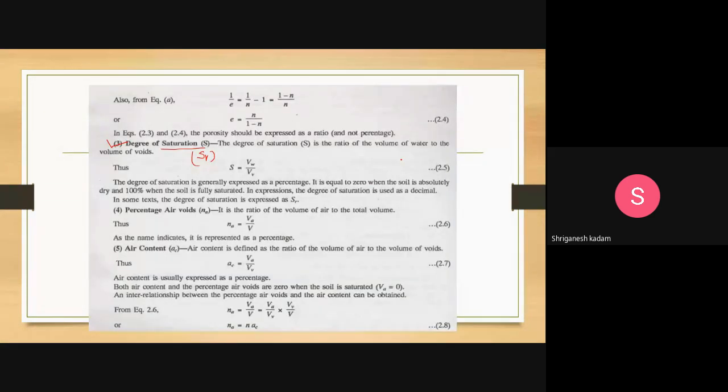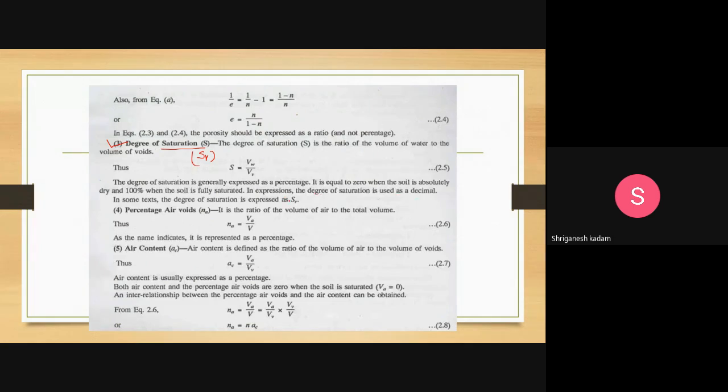So here this is explained. The degree of saturation is expressed as a percentage. Maybe degree of saturation 10%, 20%, 40%, like that. Degree of saturation may be 0 also when the soil is completely dry, and degree of saturation is 100% when soil is fully saturated. So it is equal to 0 when the soil is absolutely dry, and 100% when soil is fully saturated.